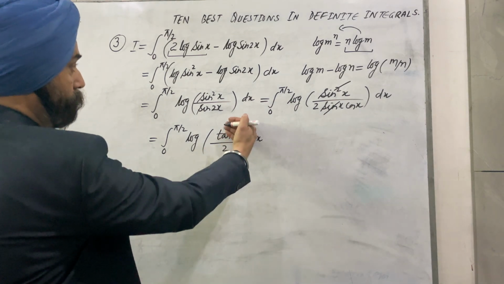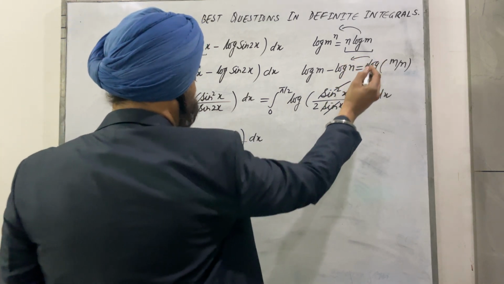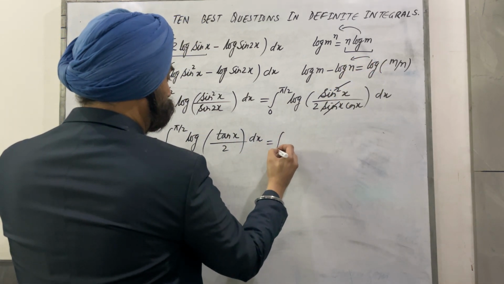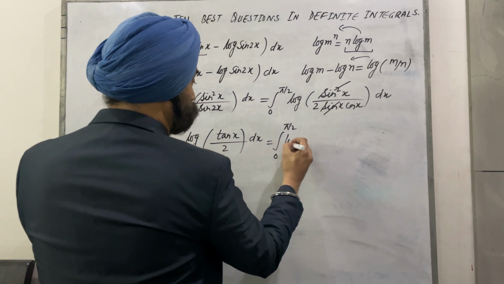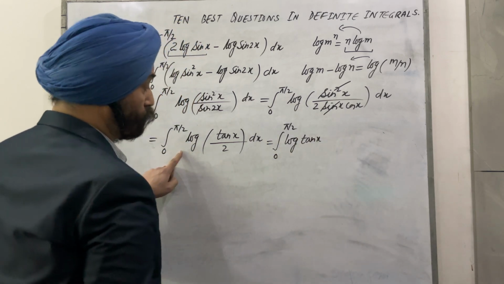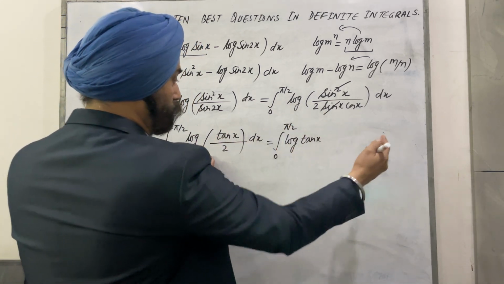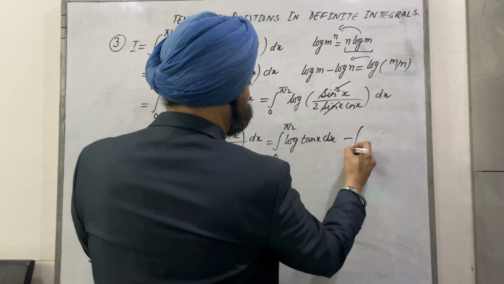Now log of m upon n is once again applicable, but this time the reverse of it. So we'll be able to write the same thing as 0 to pi upon 2 log tan x. We'll split this into two integrals, log tan x minus log 2. So I'll write both the things in separate integrals.